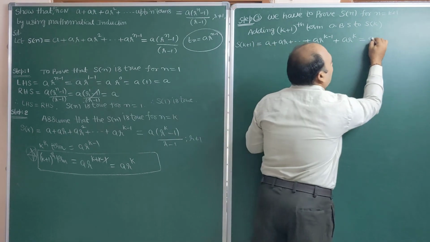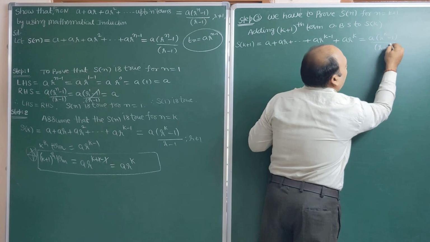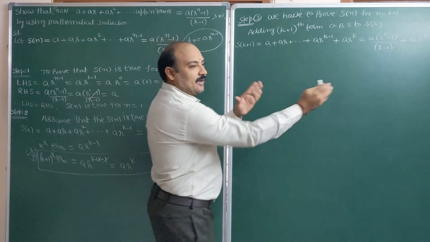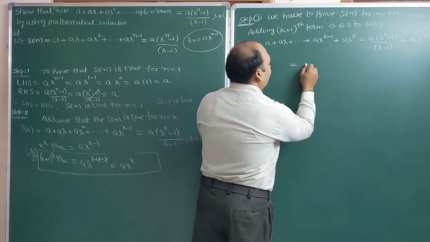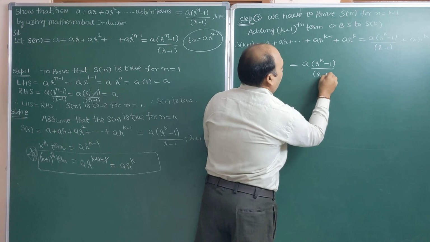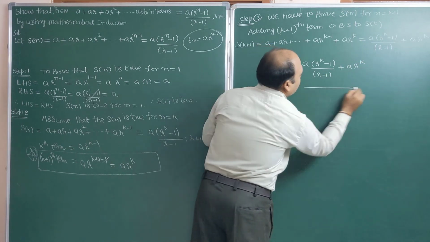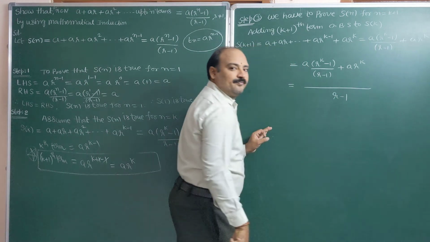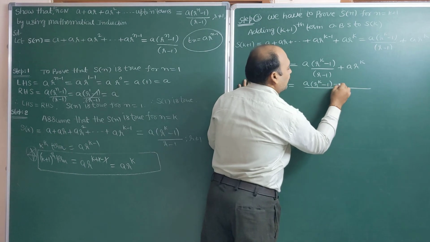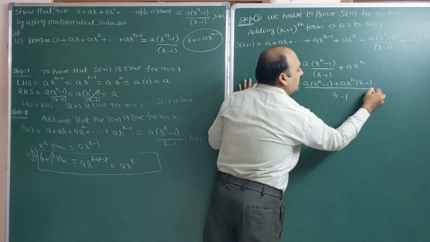So already a into r power k minus 1 by r minus 1 is there, plus a r power k we are adding. Separately, we will take the RHS only: a into r power k minus 1 divided by r minus 1 plus a r power k. Take LCM r minus 1. So a into r power k minus 1 plus a r power k into r minus 1.